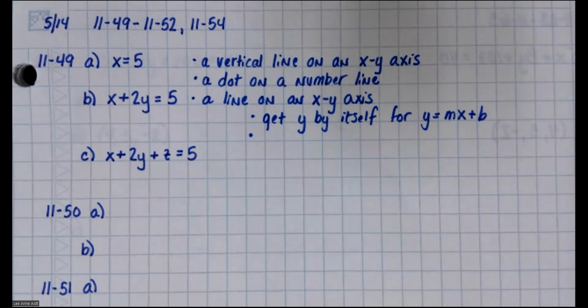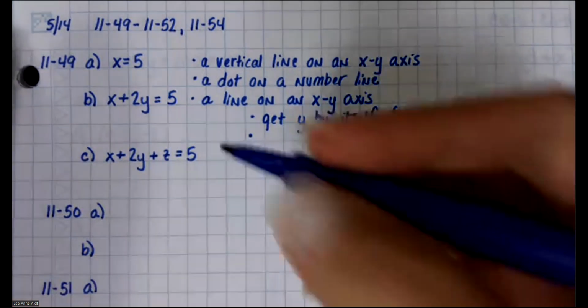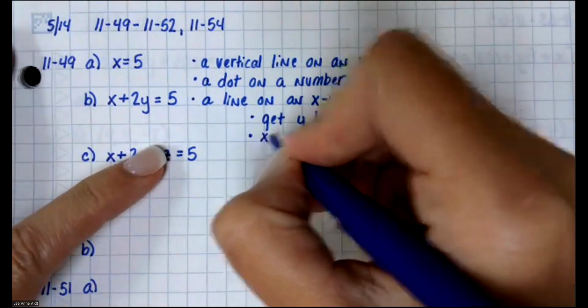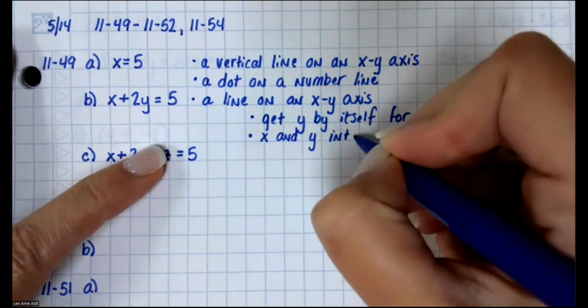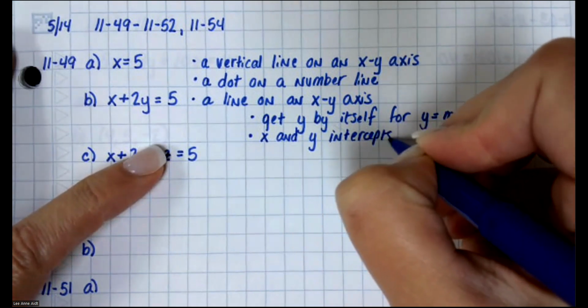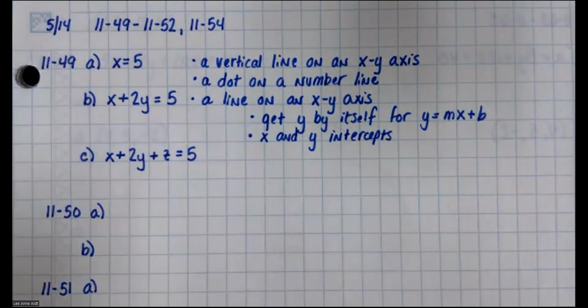That's probably the way that you would go for if you're forced to do it. There's another way to graph this though that's actually much more helpful for this particular lesson, and that is x and y intercepts. We haven't done a lot of that this year, and that's why I'm giving you that answer.